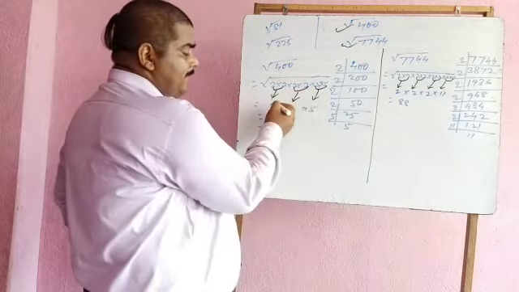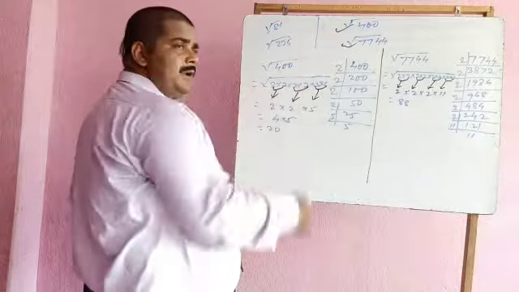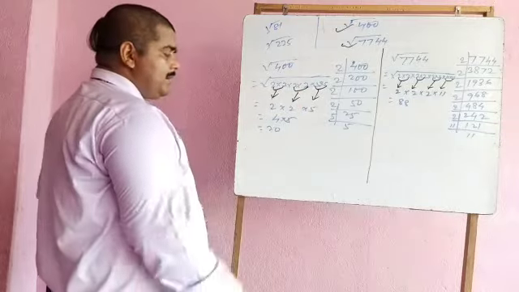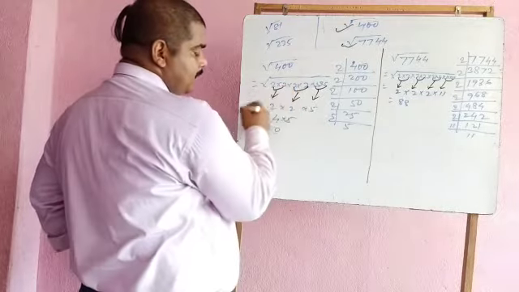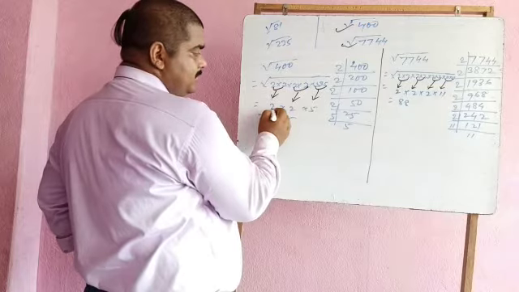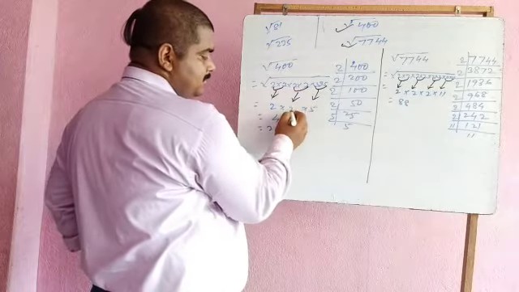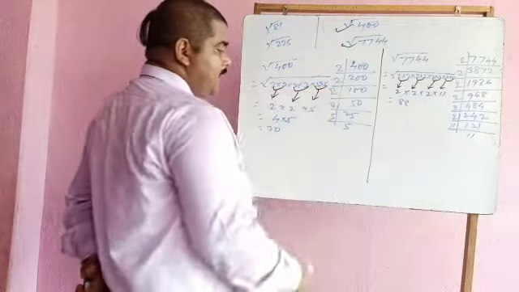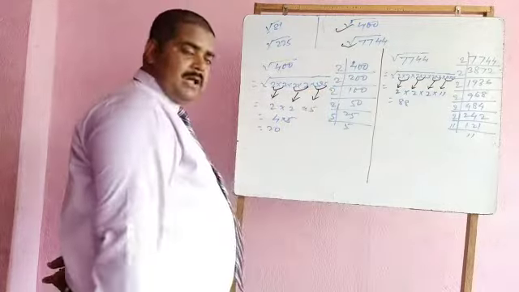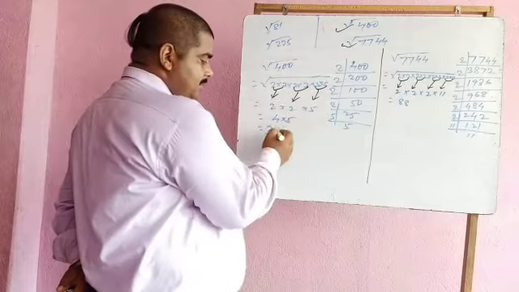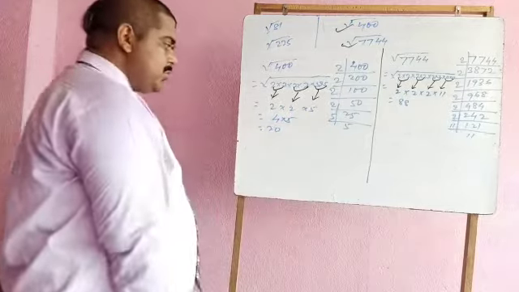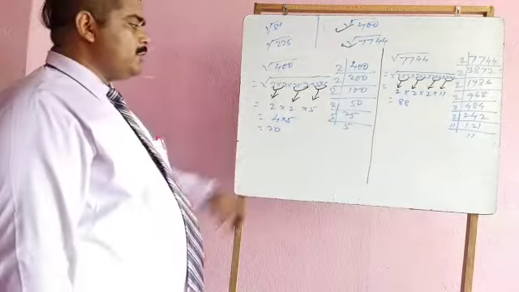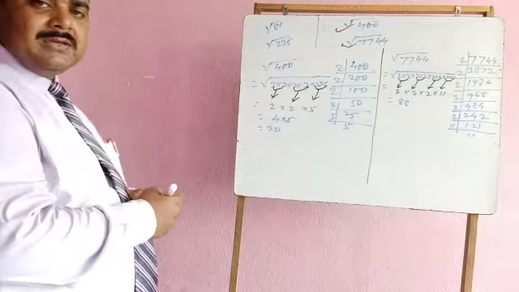I take one from each pair: from one pair of 2 I take one 2, from another pair of 2 I take one 2, and from the pair of 5 I take one 5. On multiplication it is equal to 20. So the square root of 400 is 20.